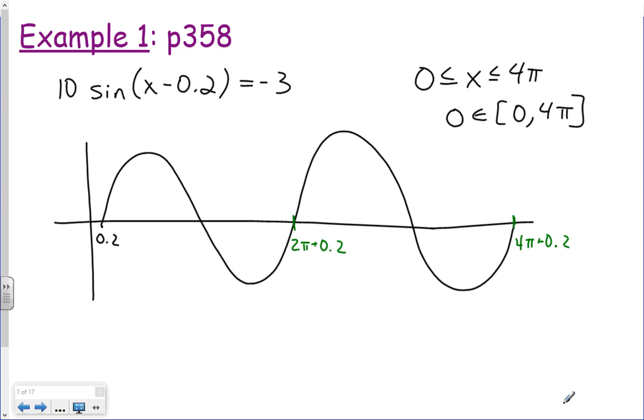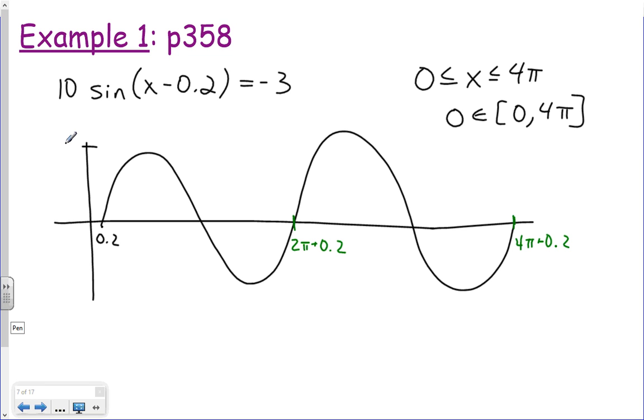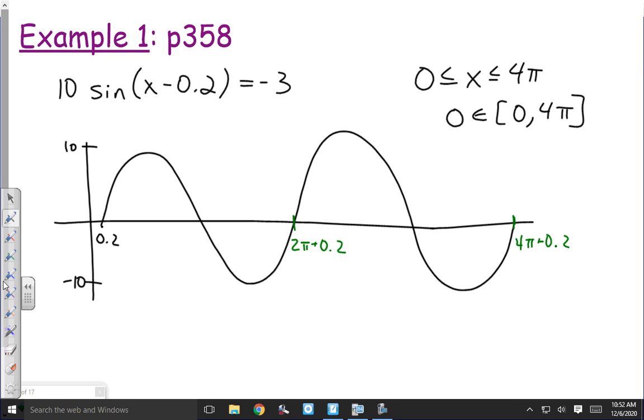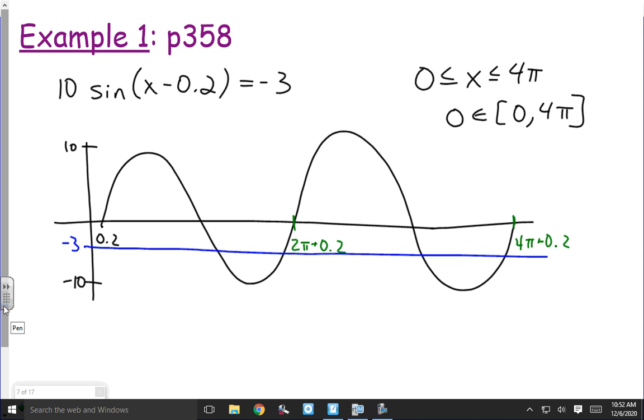All right, we're trying to find out where this function is equal to -3. Again, this is an amplitude of 10. And so -3 would be somewhere down here, we'll say. This is -3. And so you can see there we've got our 4 solutions here that we're looking for.